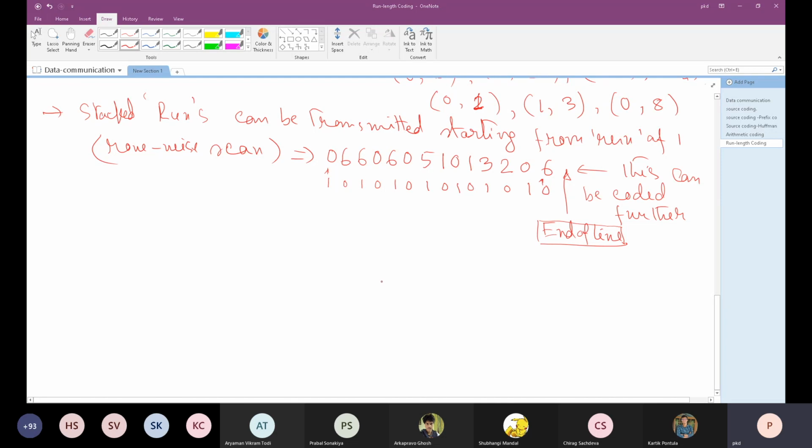So we can use probabilistic coding also, by counting the statistics of these numbers, that is, computing the probability of occurrence, and we can use either a Huffman table or some other probabilistic technique to code further to transmit these numbers.